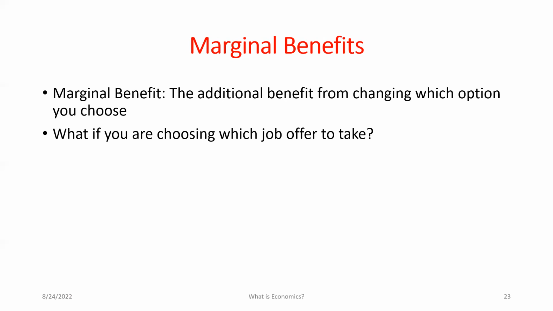Maybe, giving a precursor, I'll work an example here. What we can think about is that as I buy more of something, the additional benefits might change. For instance, if I buy a car, going from not having a car to having a car, the additional benefit is huge, right? I can get to work, I can get around.